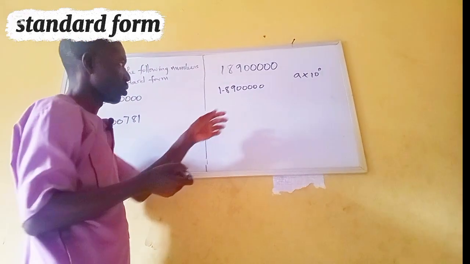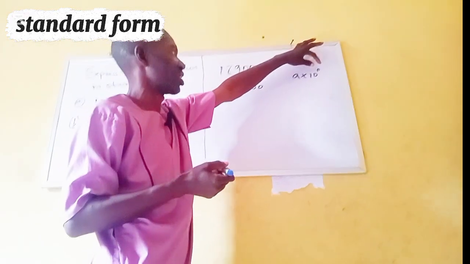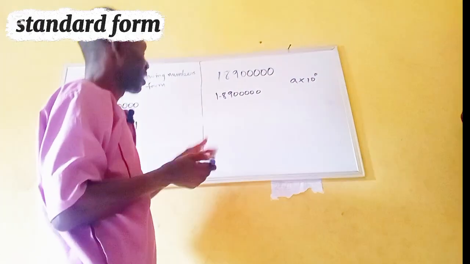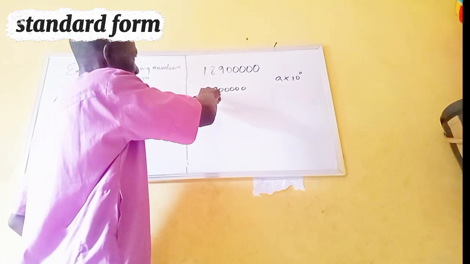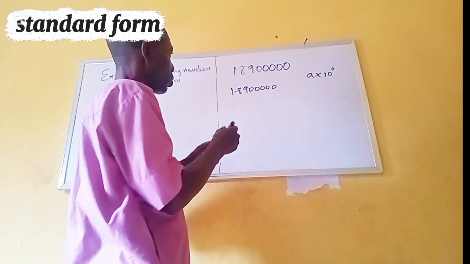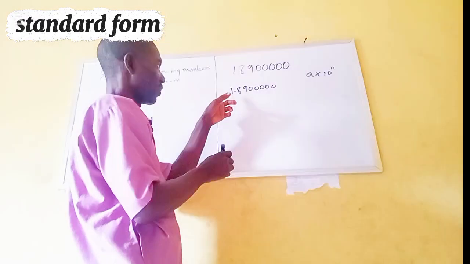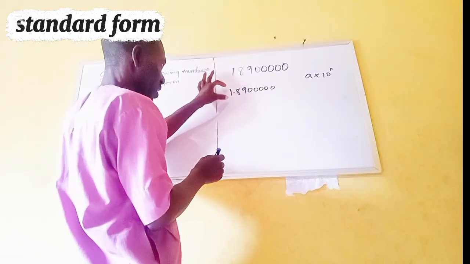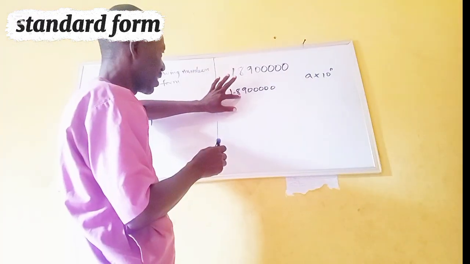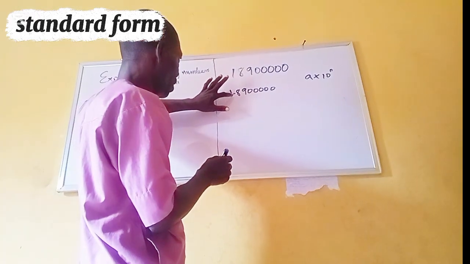To get what our n will be, that is this index or power, it is the number of places that this decimal point has moved. I told you to place the decimal point in between the first significant figure, which is 1, and the second significant figure, which is 8.